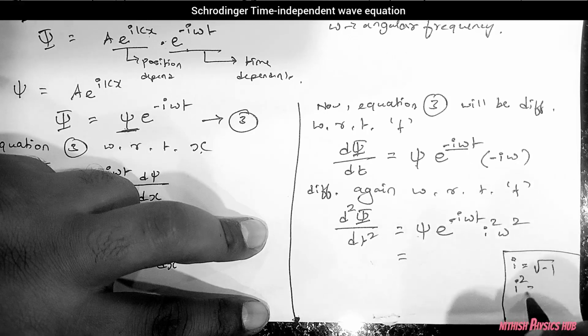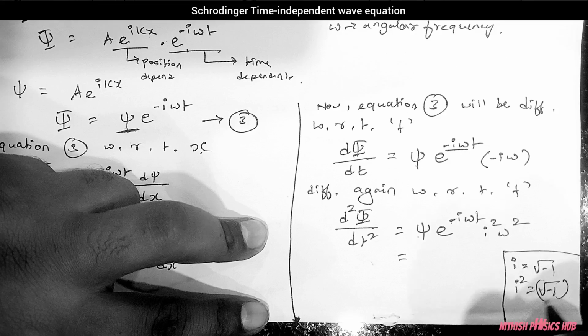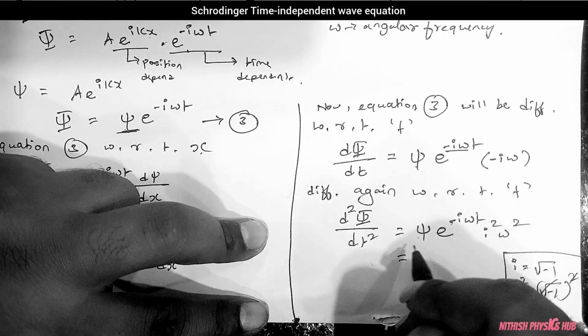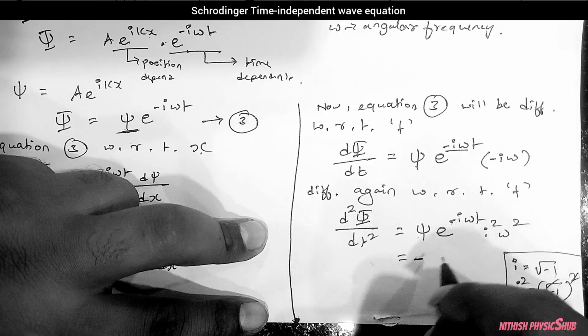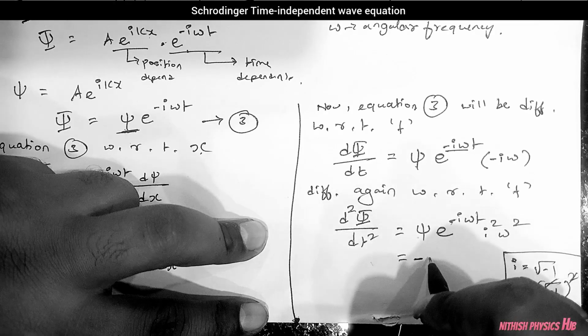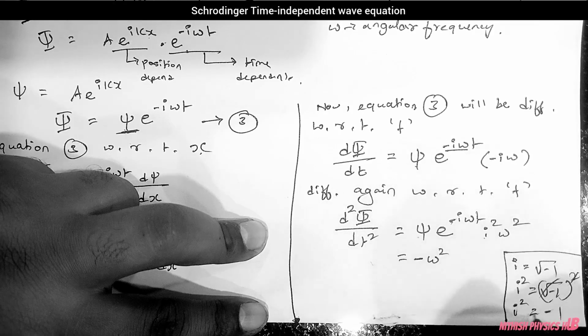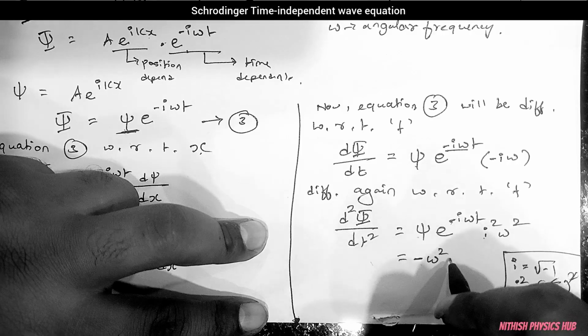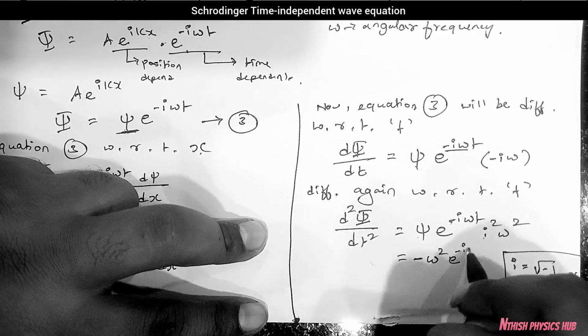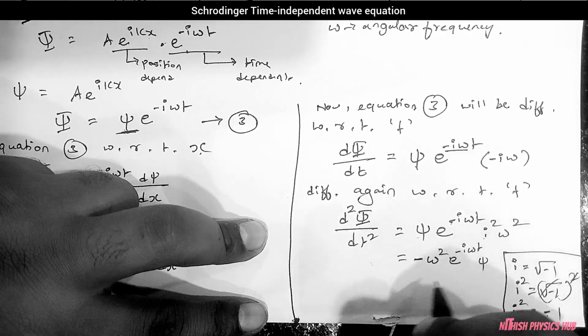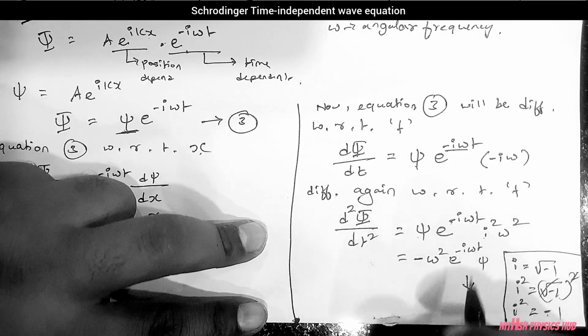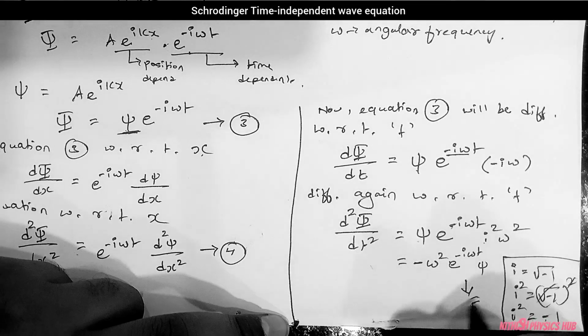Since there is an i square, the square and square root cancel, so the i square value can be written as minus 1. So what is the remaining term? Minus omega square, with i square replaced as minus 1, and psi e to the power of minus i omega t into psi. Take it as equation number 5.